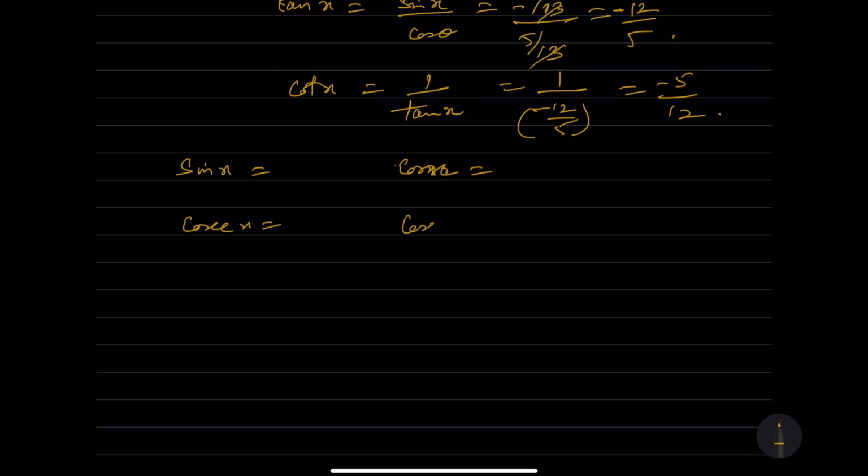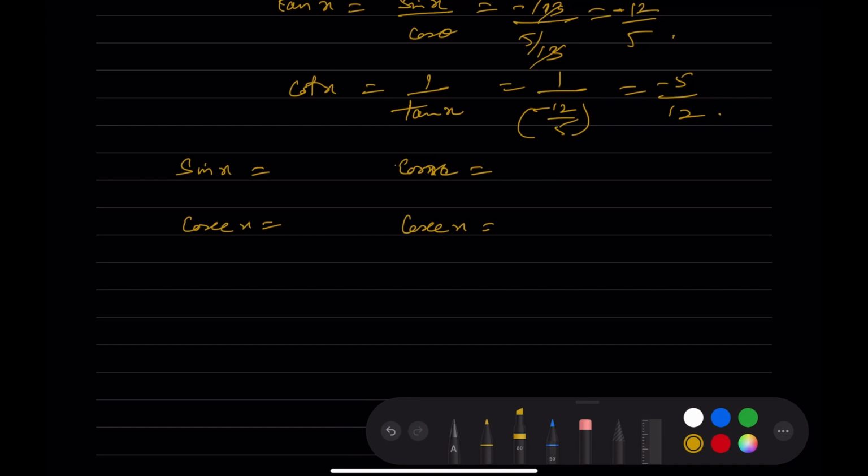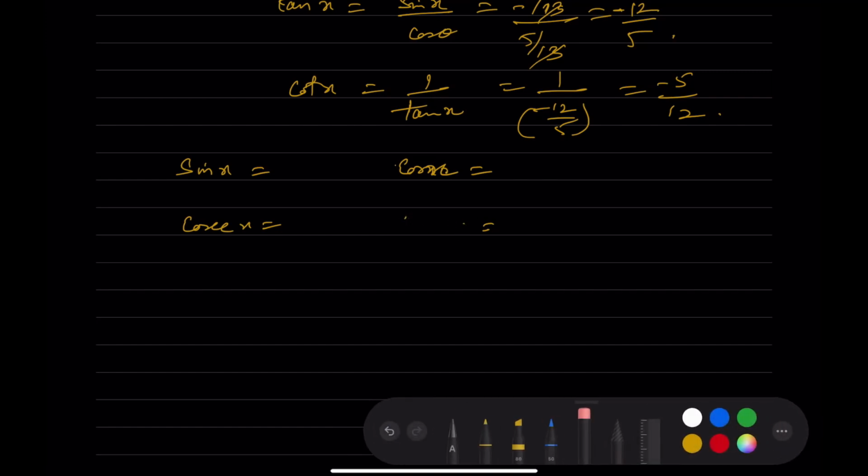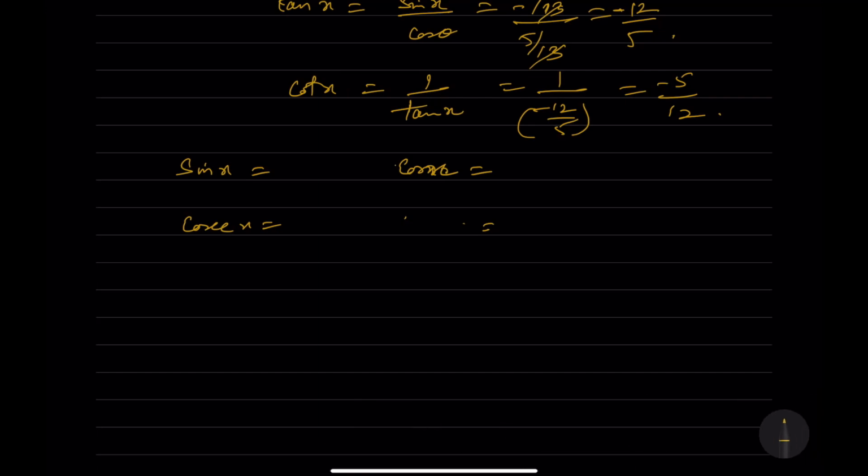Then secant x is equal to how much? We'll just write down. Then tan x and cot x. Over here we have these two, minus 12 by 5 and this is minus 5 by 12.